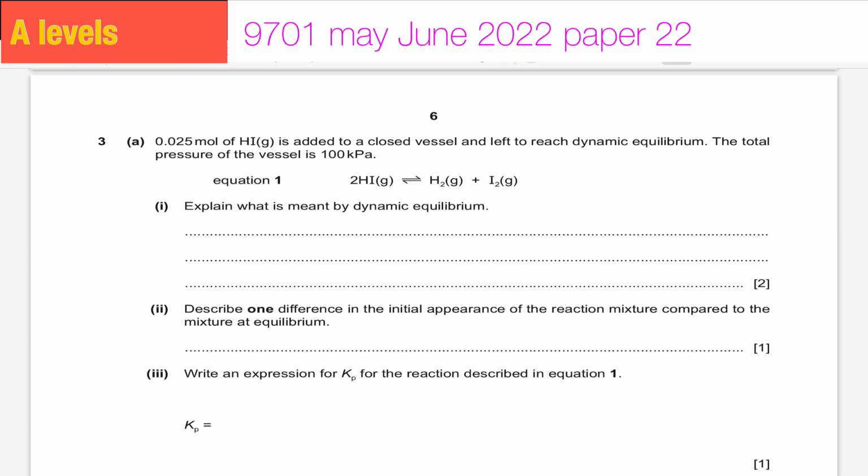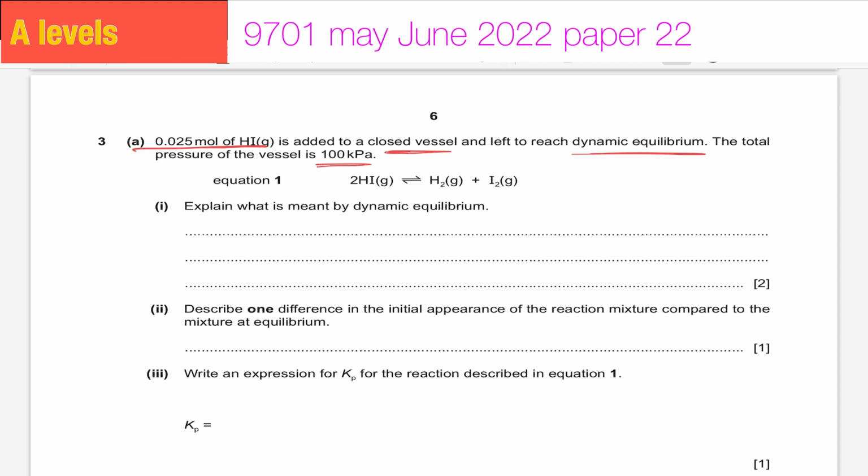All right, so the next question that we're going to start is related to chemical equilibrium and group 7 chemistry. The question says that 0.025 moles of hydrogen iodide is added to a closed vessel and left to reach dynamic equilibrium. The total pressure of the vessel is 100 kilopascals.